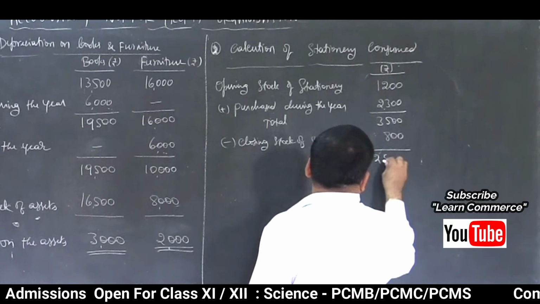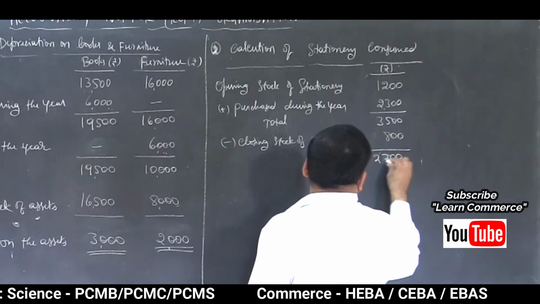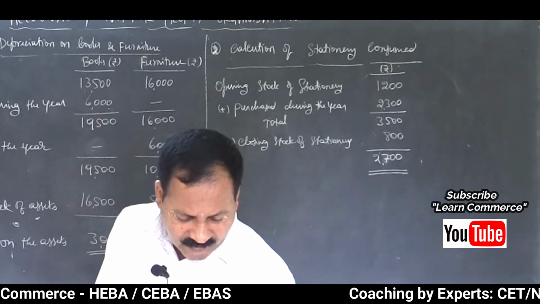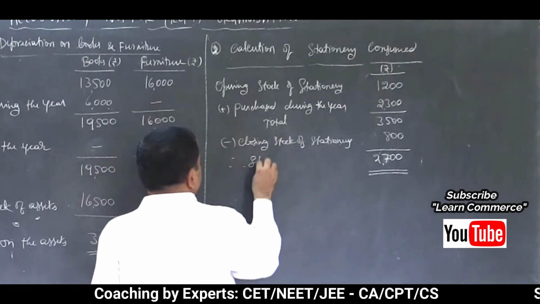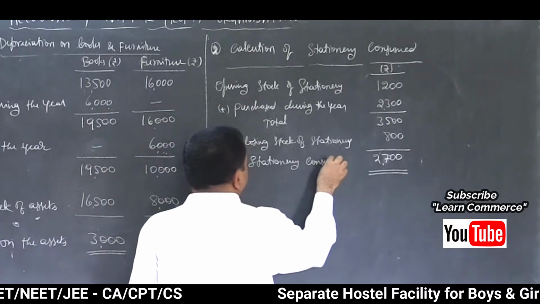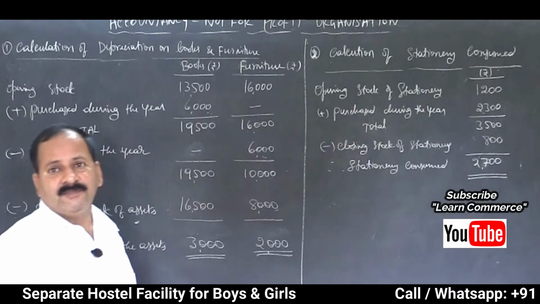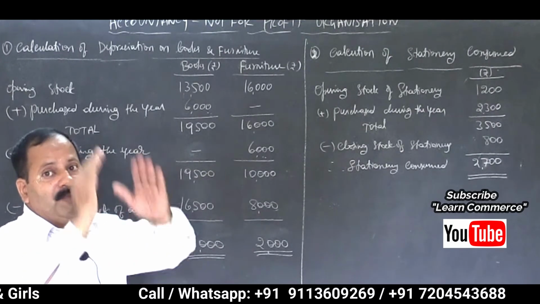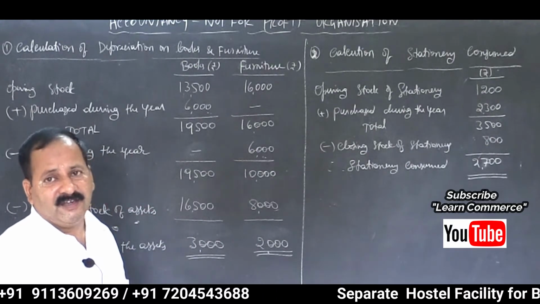That means 2700 is the value of stationery consumed during the year. Therefore, stationery consumed is equal to rupees 2700. That is how you have to arrive at how much stationery is consumed, and that amount should be debited to the income and expenditure account, on the expenditure side, left hand side, correct?